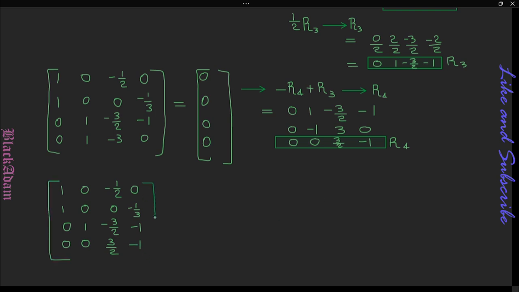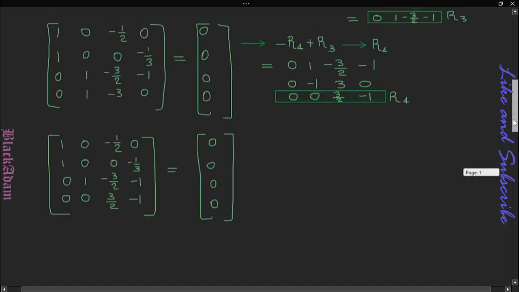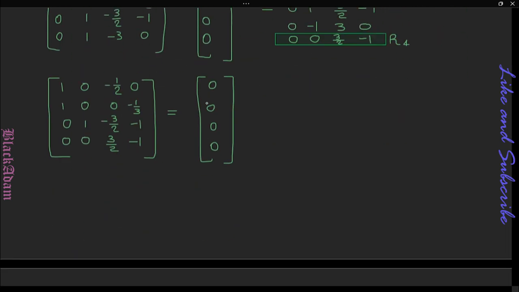So that's what we have. And then from there equal to the right hand side, which is 0, 0 for all the columns, for all the rows.